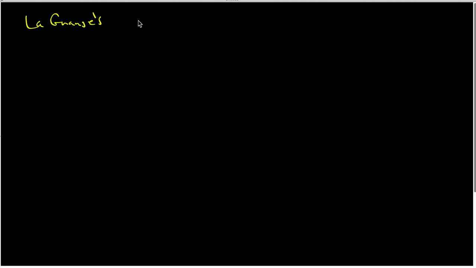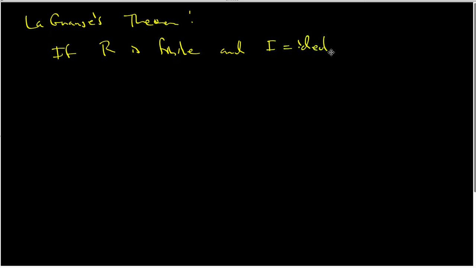Lagrange's theorem says that if we have a finite ring and we have a subring, and all ideals are subrings, so I can think about it as an ideal of R, then the number of elements in I has to divide the number of elements in R.